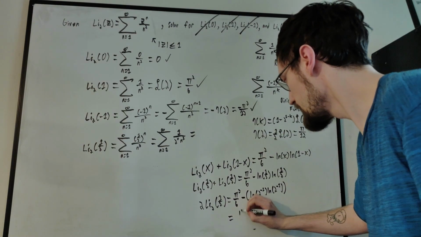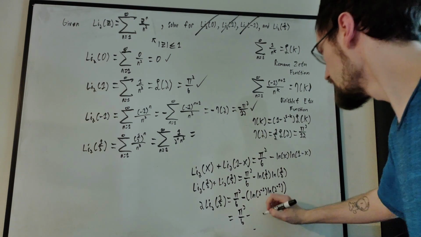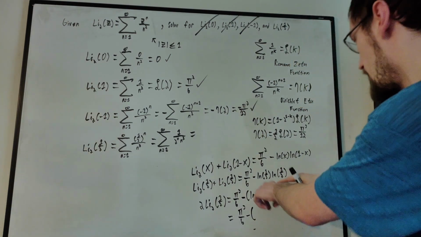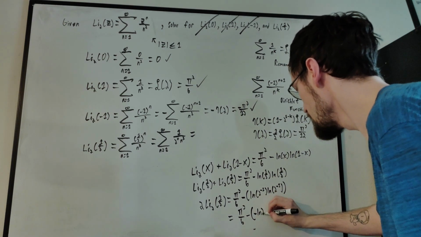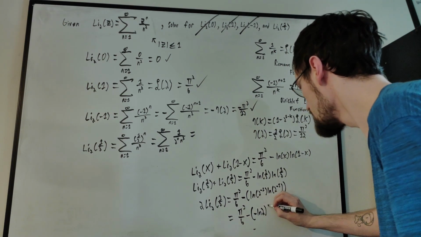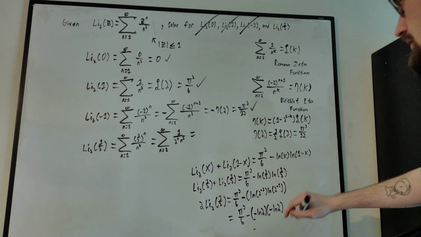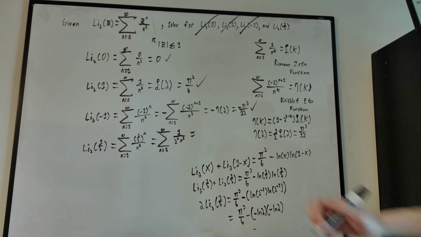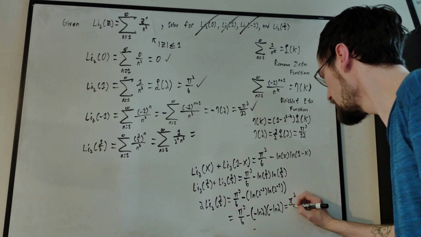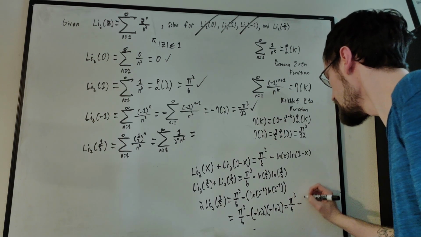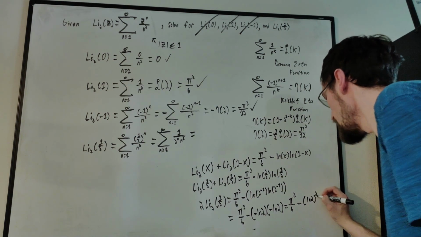So this equals pi squared over 6 minus, open up parentheses, and then we have a minus sign in front of both of these, so we have minus the natural log of 2 times another minus natural log of 2 from this one here. Now, that just equals pi squared over 6 minus the natural log of 2 quantity squared.